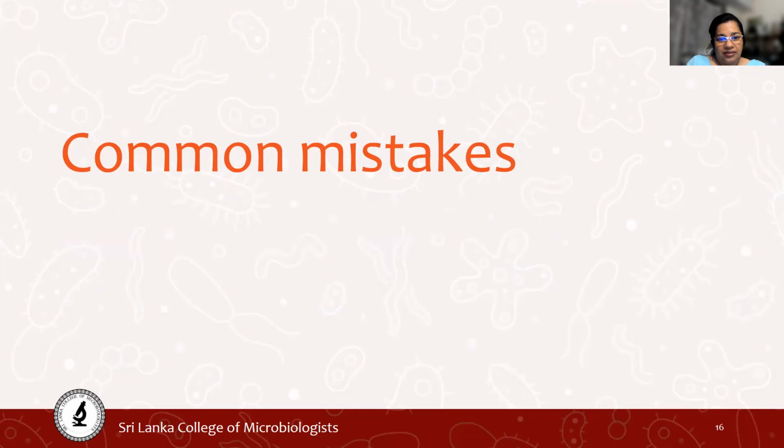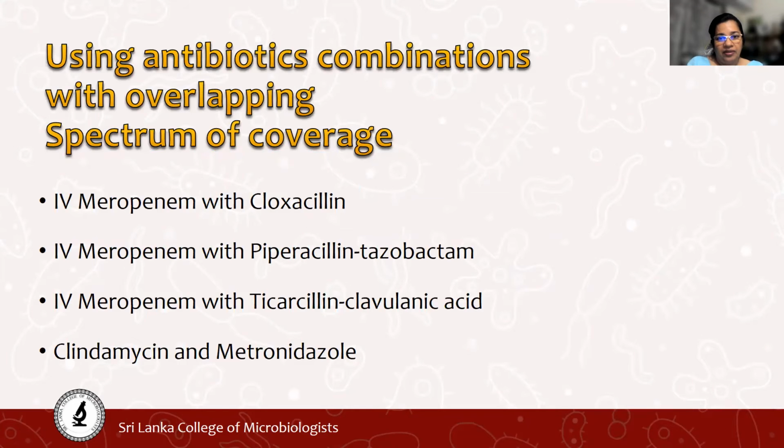Common mistakes. Using antibiotic combinations with overlapping spectrum of coverage, like meropenem with cloxacillin, meropenem with piperacillin-tazobactam, meropenem with ticarcillin-clavulanic acid, because whatever is covered by cloxacillin, piperacillin, and ticarcillin-clavulanic acid is covered by meropenem.